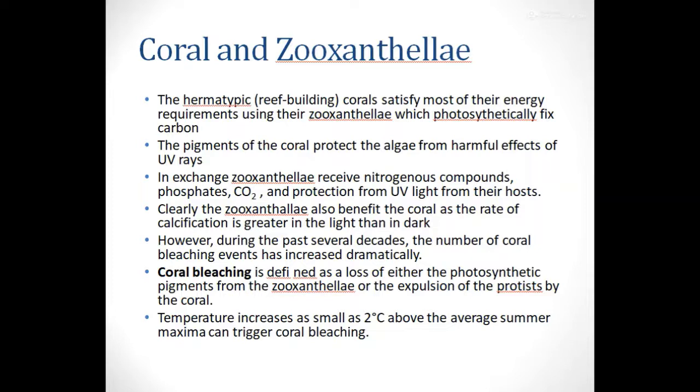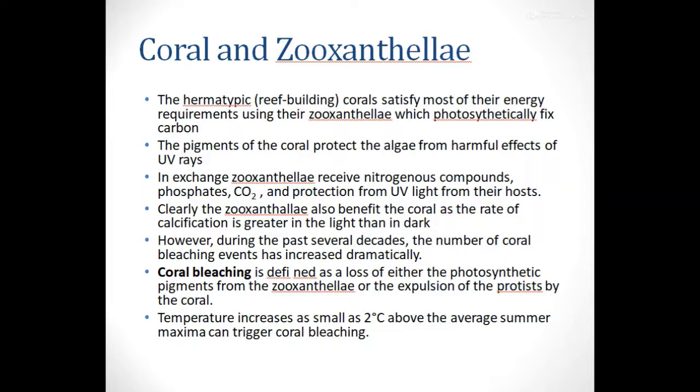These algae are protected from UV rays using the pigments of the corals. So in turn, when zooxanthellae give fixed carbon to the corals, the coral pigments protect the algae from the harmful effects of UV rays. In exchange, zooxanthellae also receive various nitrogenous compounds, phosphates as well as carbon dioxide, in addition to the UV light, from their hosts.